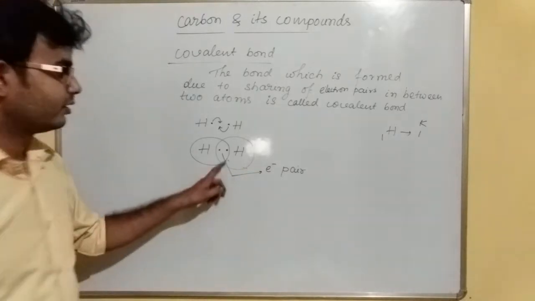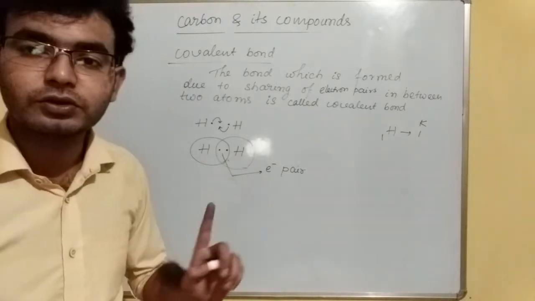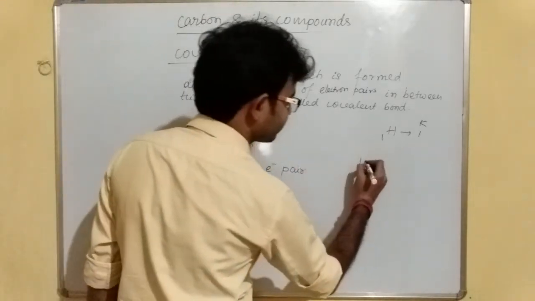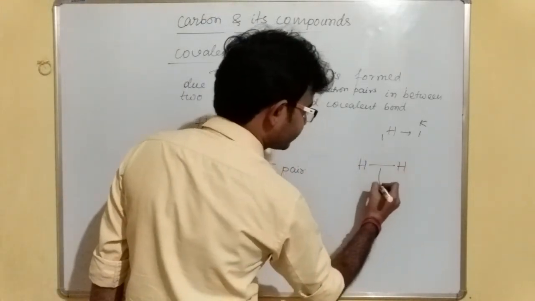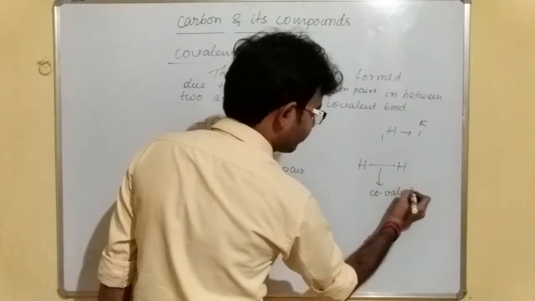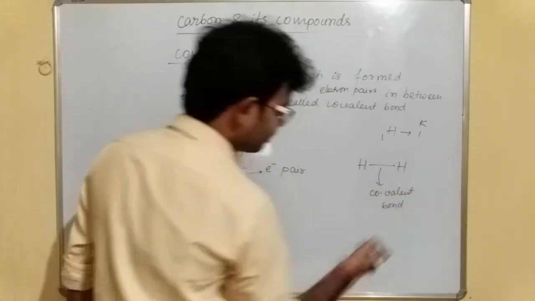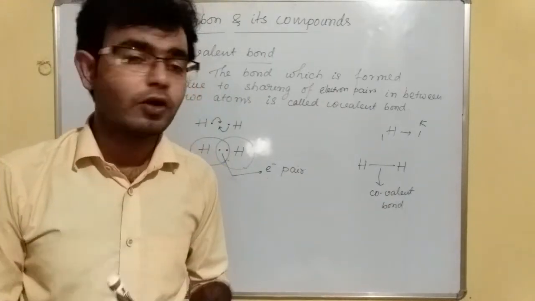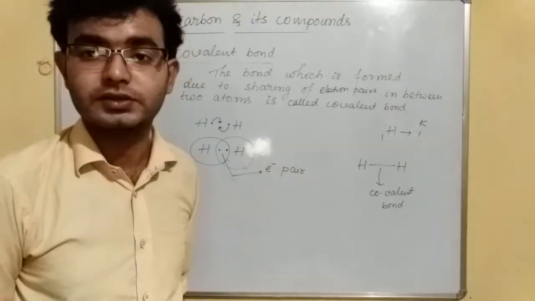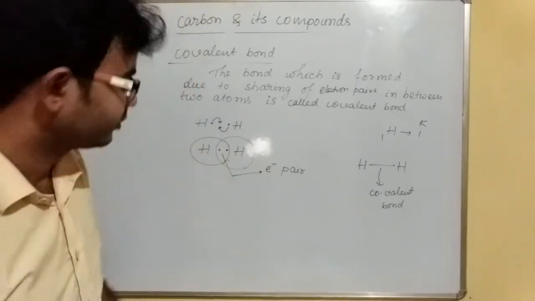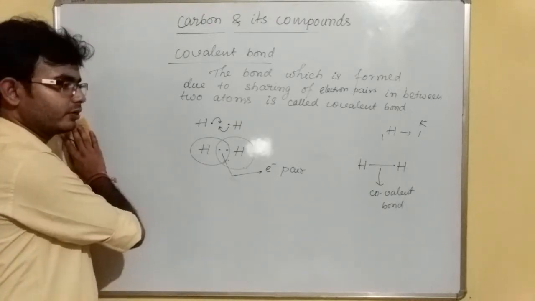And they will form the bond. This bond is called a covalent bond. Clear? The bond that is formed due to the sharing of electrons, or you can say sharing of electron pairs, is called a covalent bond. ठीक है, clear हो गया?